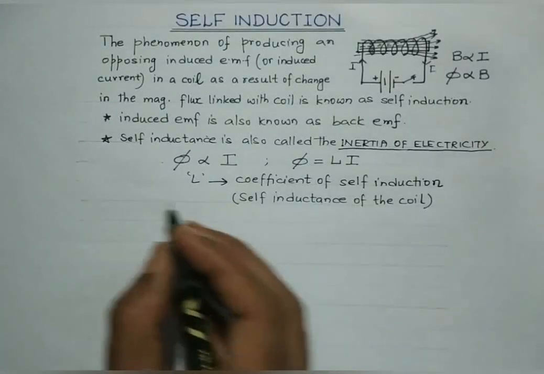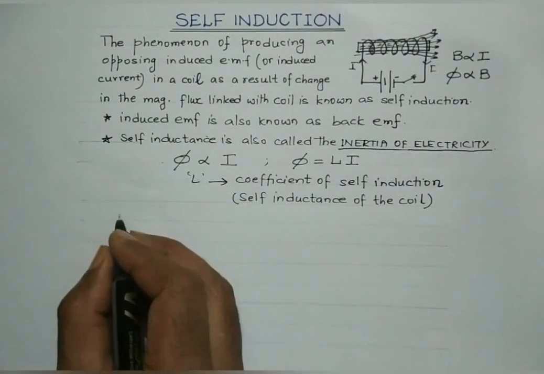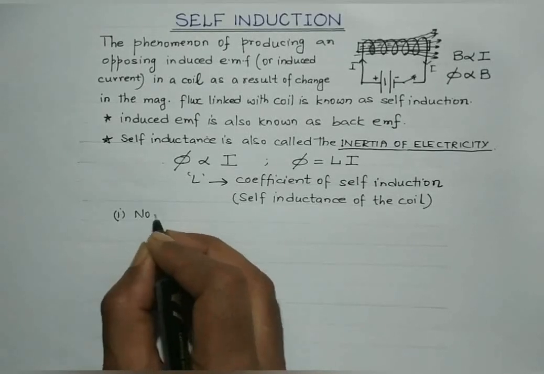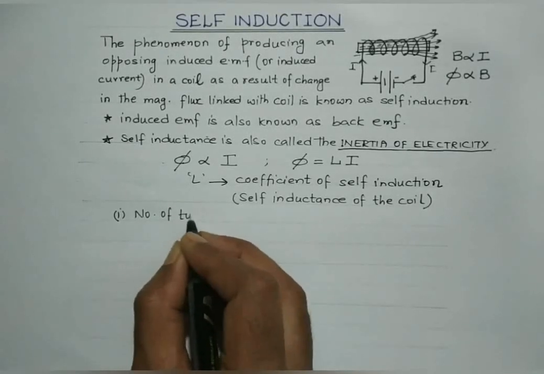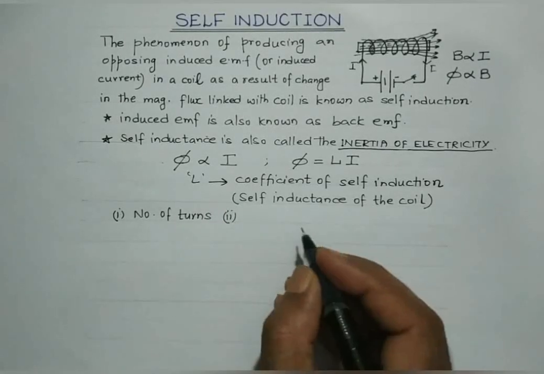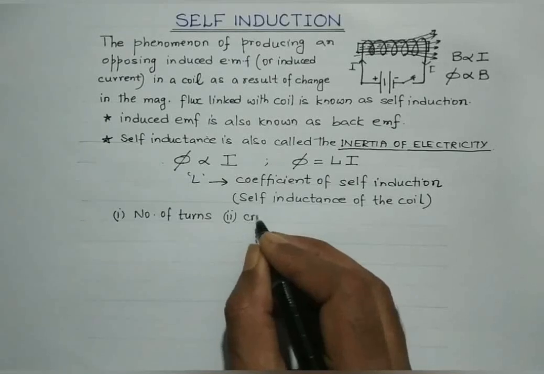So L basically depends on 2-3 factors. First, it depends upon the number of turns. Second, it depends upon the cross-sectional area.